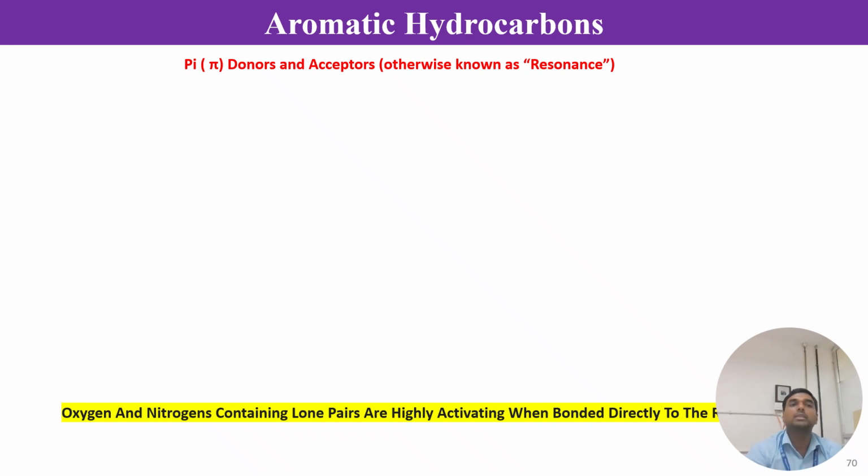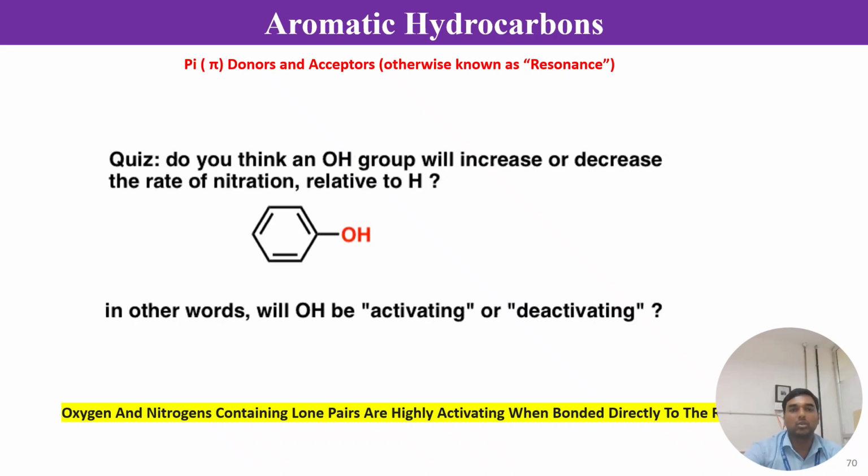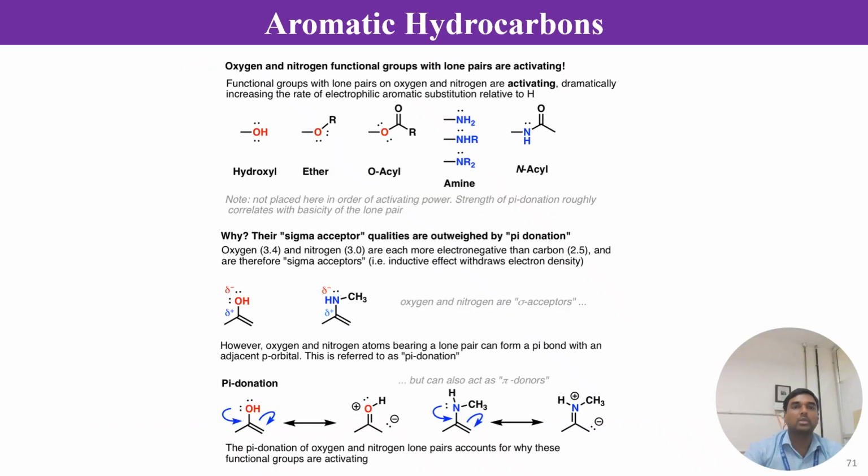So sometimes we have seen that pi donors and pi acceptors are also important. So for example, what do you think? Which group will increase or decrease the rate of nitration? Of course, it will increase because it has a resonance character. Because of its lone pair availability, it will push the electron density to the ortho and para positions, and because of that, you will get substitution reactions in the ortho and para positions. And that's why you can see that oxygen and nitrogen functional groups with lone pairs are highly activating.